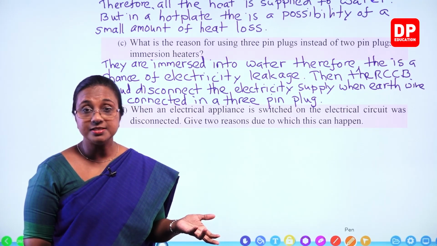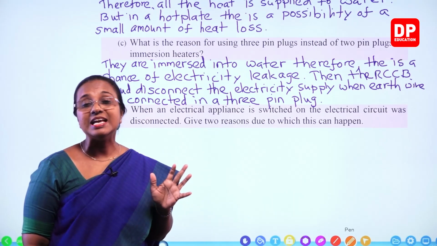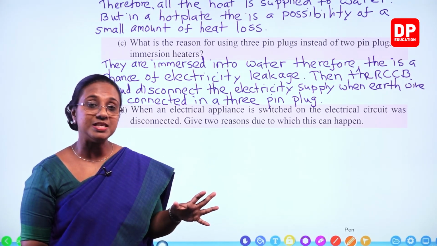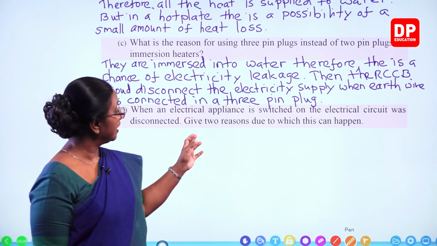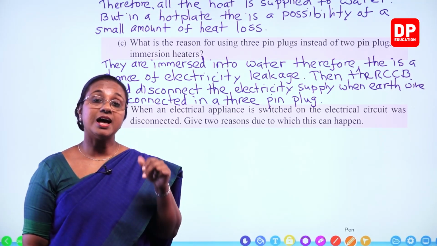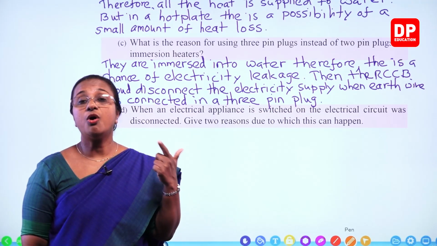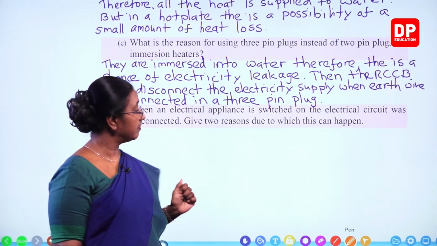If it is the RCCB, more than 30 ampere current. If it is the miniature circuit breaker, that is the MCB, any current more than 13 amperes, the appliance will be disconnected. So 2 reasons, either electricity leakage or high current more than the maximum value.